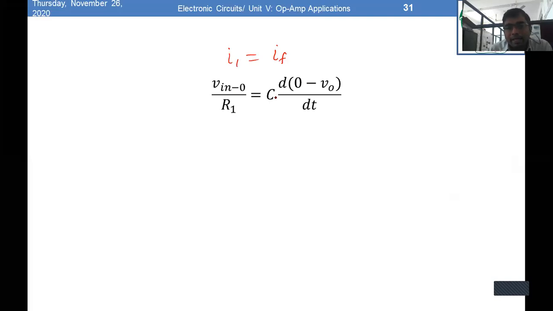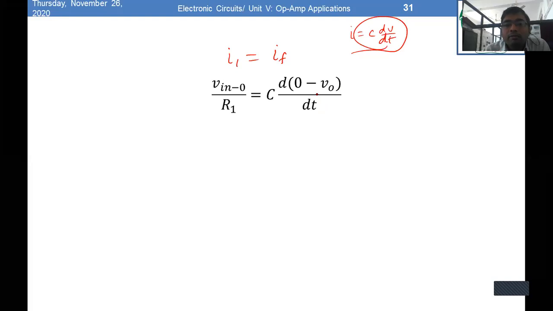Then IF is what? Because IF is passing through the feedback capacitor, we have to derive the current equation in terms of capacitance. We know that for the capacitor it is C dV upon dt, so we use that formula here: C d(V2 minus V0) upon dt, and V2 is 0 here, so it is C d(0 minus V0) upon dt.